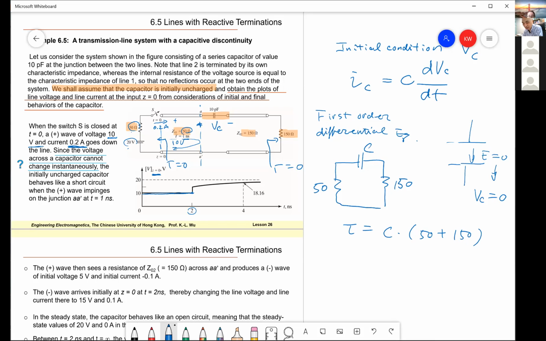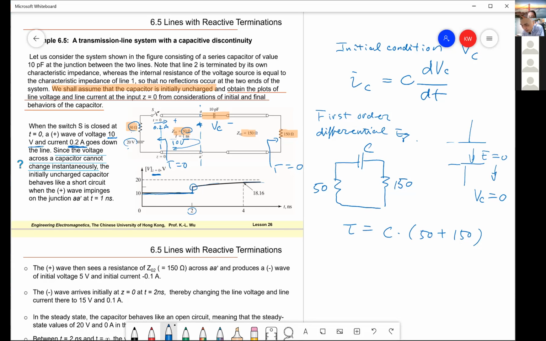That is not necessarily true. So we have a discontinuity, a step jump. From this period, we have something we must describe using a differential equation.